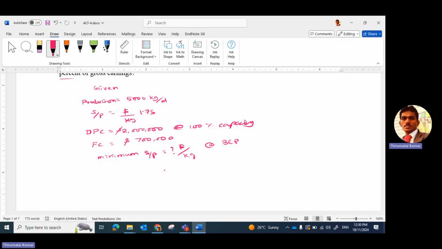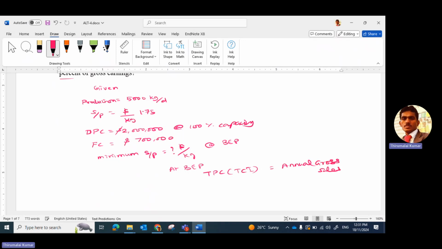we are all aware that at break-even condition, that means at break-even point, the total product cost, in other words the total capital investment, is equal to annual gross sales.